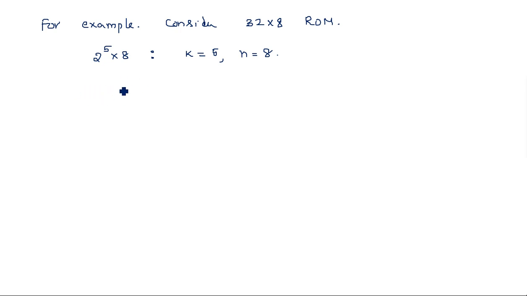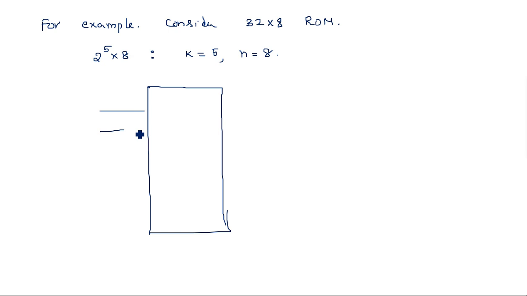The logic diagram of this 32 by 8 ROM has 5 inputs, I0, I1, I2, I3, I4, so 0 to 4, total 5. Its size is 2 power 5, that is 32, by 8, where 8 denotes the outputs.